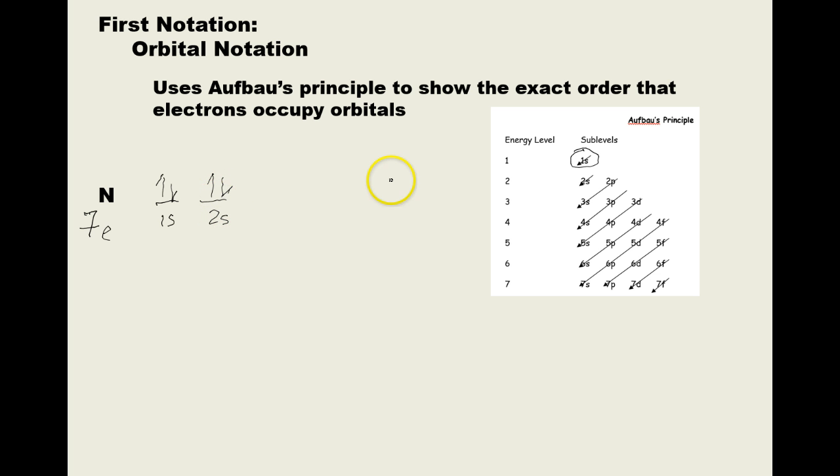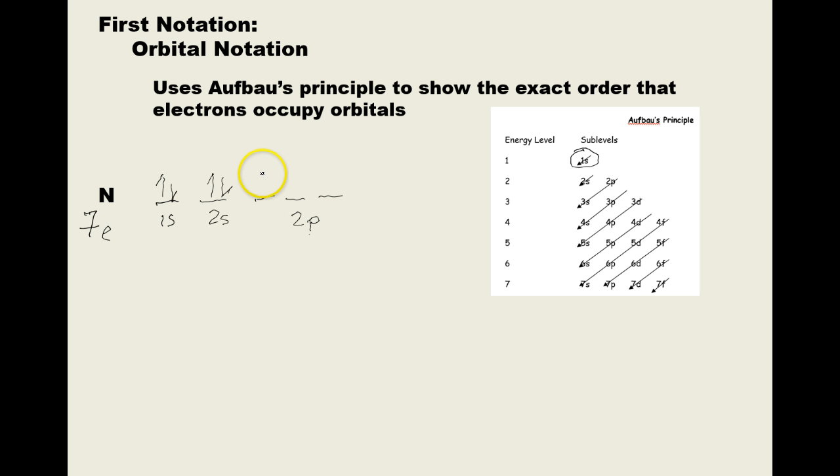Now after the 2s, we're going to go on to the next arrow, and we're going to go into the 2p. Now 2p has how many orbitals? It has 3. So we want to draw 3 orbitals of equal energy, label them the 2p. And how many electrons do we have left? So we've used 4, we have 3.